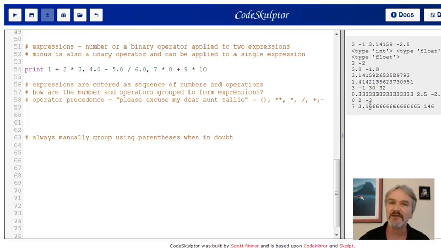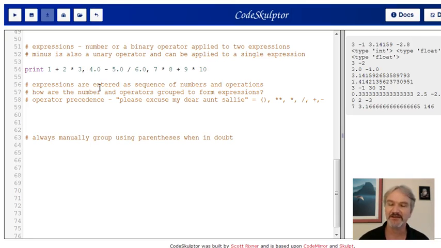Now, you might ask, how did I go from this definition, where an arithmetic expression is an arithmetic expression combined with operators, to this flat expression I just typed in? I typed in 1 plus 2 times 3. Somehow Python knew that this was really 1 plus the product of 2 times 3.